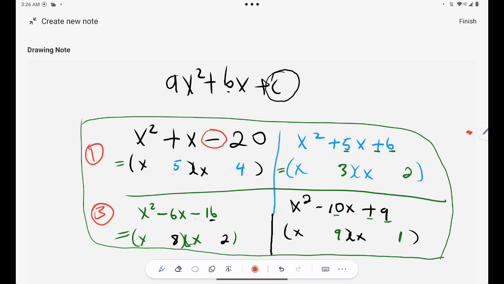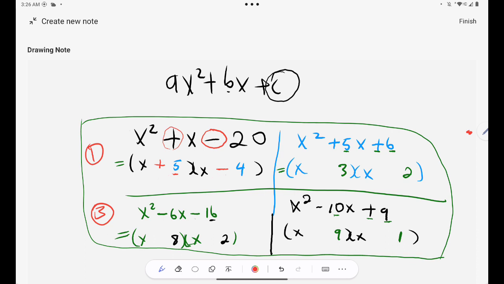But you don't just guess. You must look at the factors that you have, and your bigger factor will always take the sign of the middle term. In this case, 5 is the bigger factor, so 5 must always take the sign of the middle term. That means I'll have plus here, and here it will be the alternate sign, which is minus.